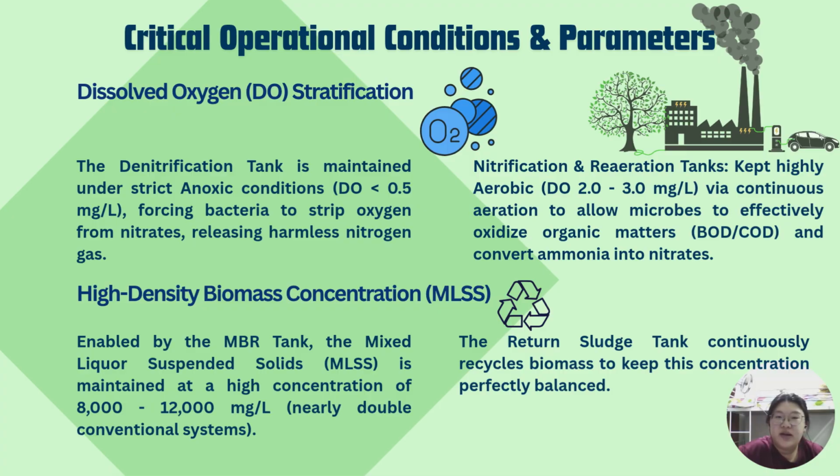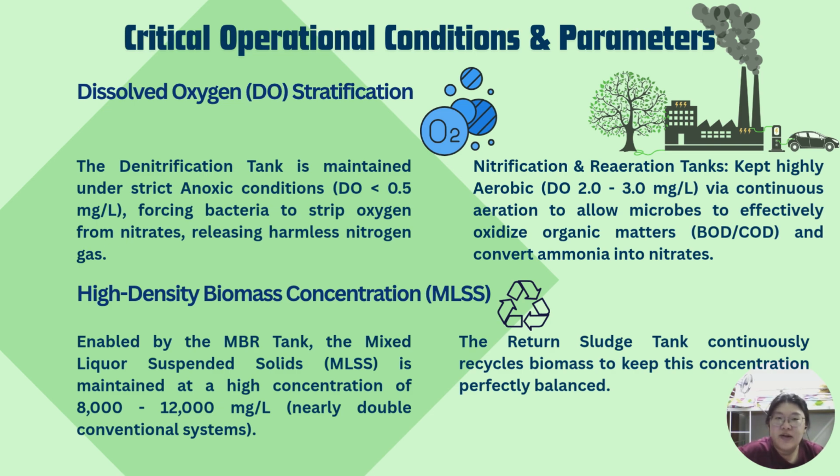Last are the critical operating conditions and parameters that keep the entire system running at peak efficiency. First, we have the dissolved oxygen in the denitrification tank. It is maintained under strict anoxic conditions with a DO of less than 0.5 mg per liter, forcing the bacteria to strip oxygen from nitrates and release harmless nitrogen gas.